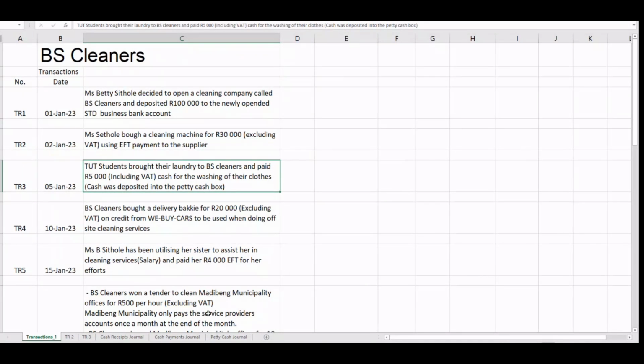And Ndate Tabo. Also, although the money was deposited into the petty cash box, we have received the money as an income, so it belongs to the cash receipts journal. Okay, thank you for that.